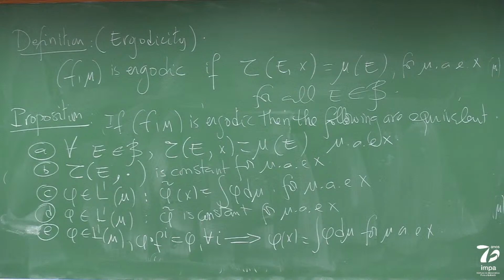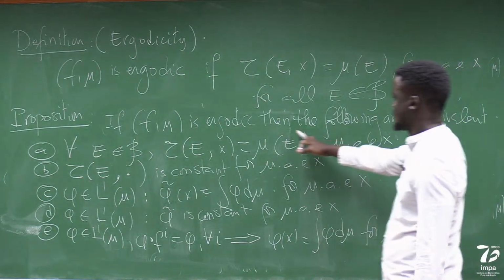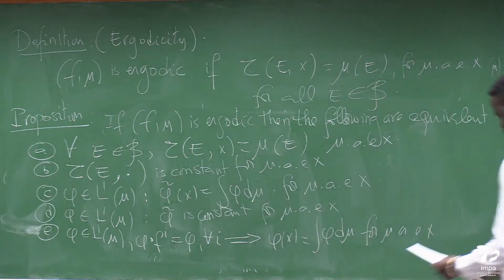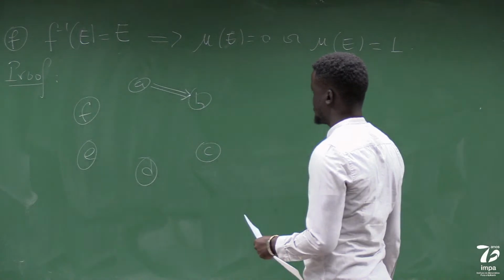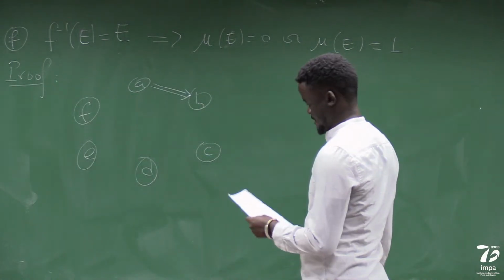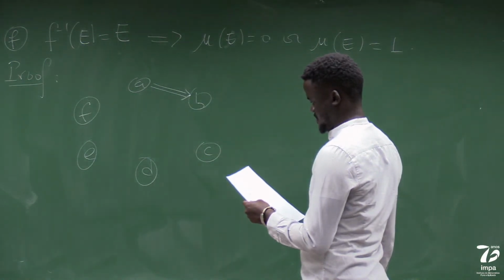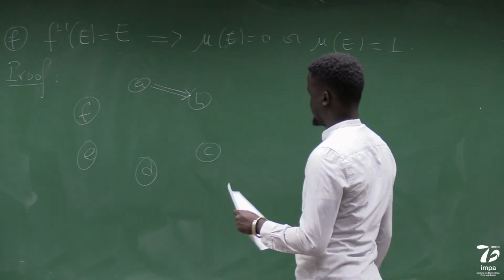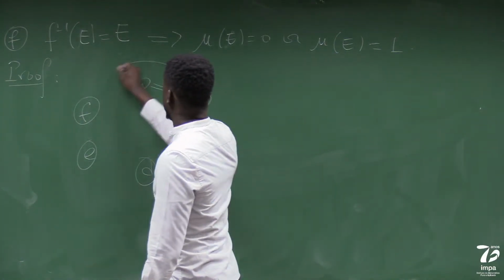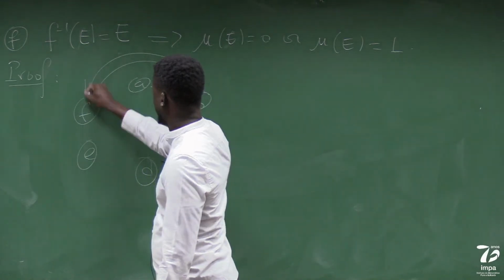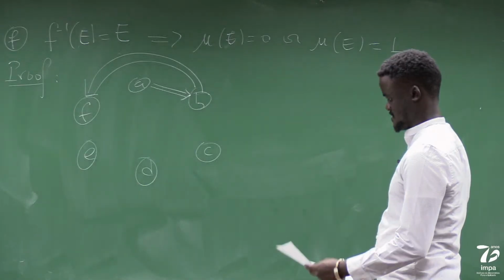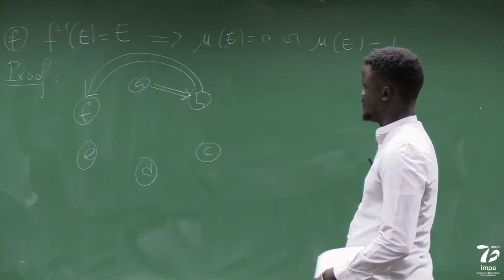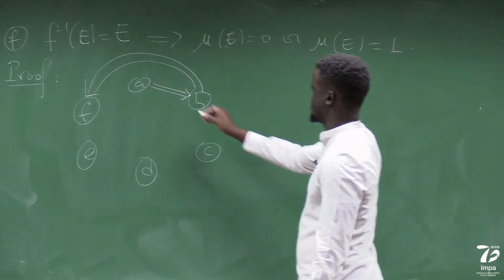So this is constant. And there is another arrow, which is B implies F. Let's see how B implies F, because F is the usual definition that people use. This one is easy, okay?